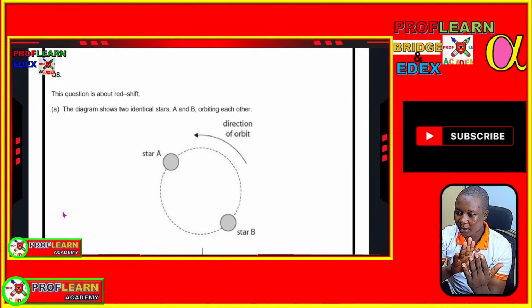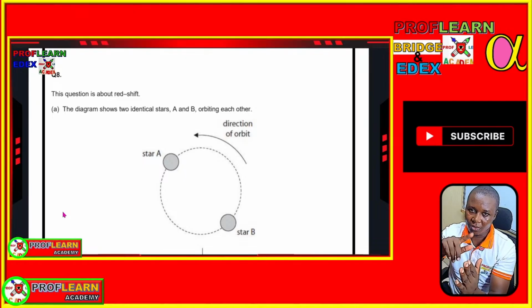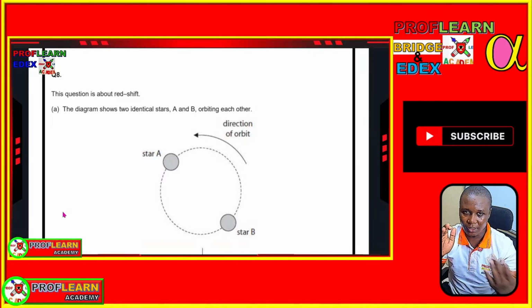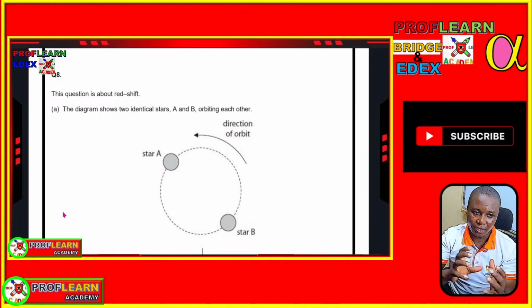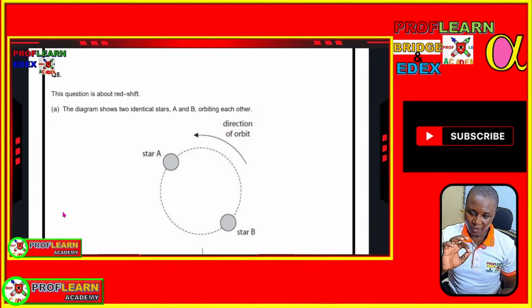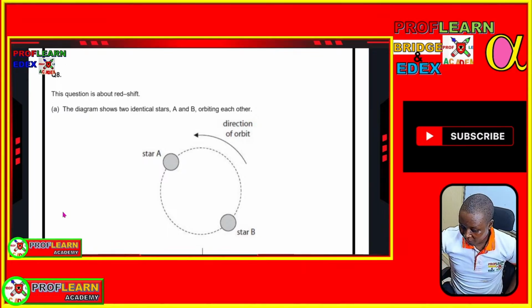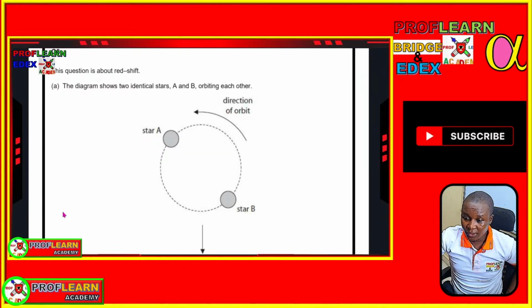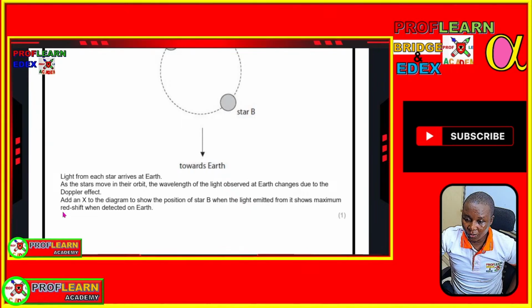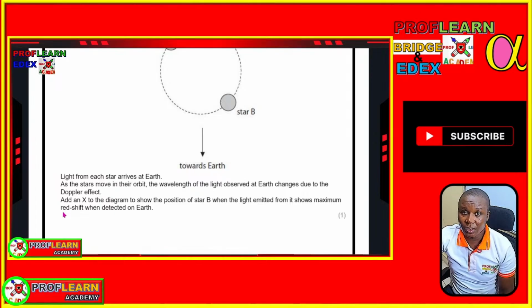When they reach your ear, they are very, very close, so you perceive sound of high frequency. When the car has left, the wave fronts spread out, and then you detect sound of low frequency.